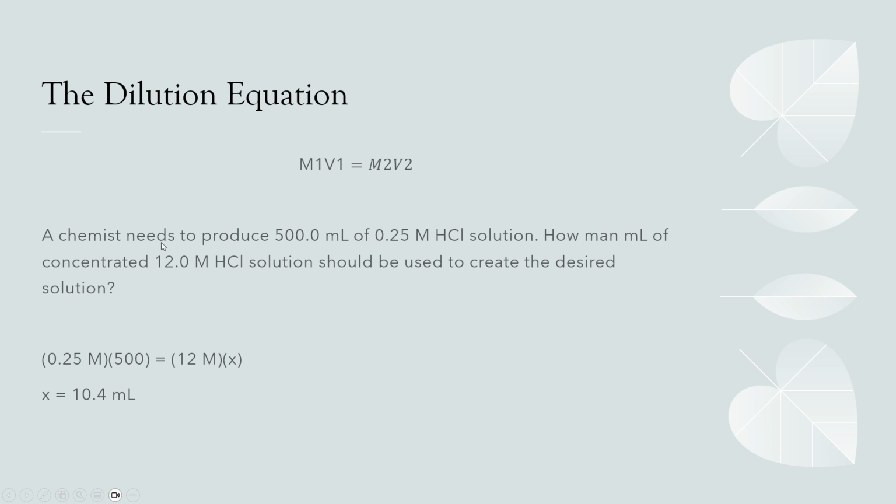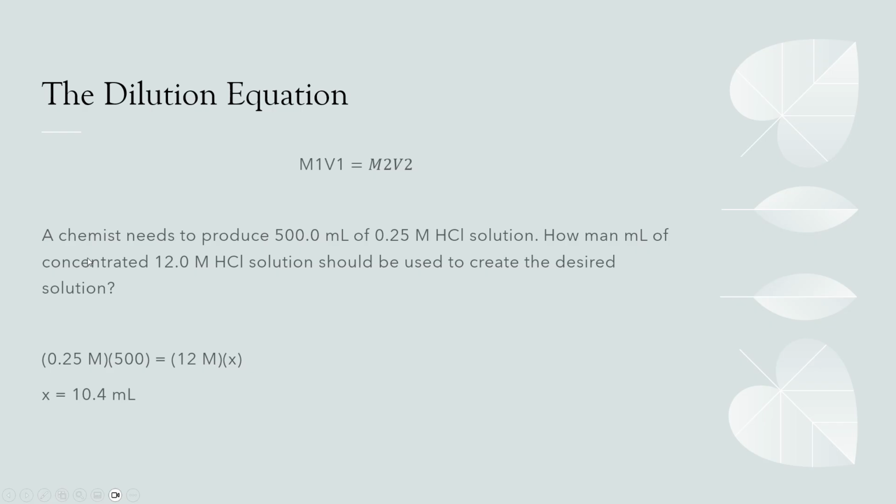So, a chemist needs to produce 500 milliliters of 0.25 molarity HCl solution. How many milliliters of concentrated 12 molarity HCl solution should be used to create the desired solution? So, what we have to find is how many milliliters are in 12 molarity of HCl.